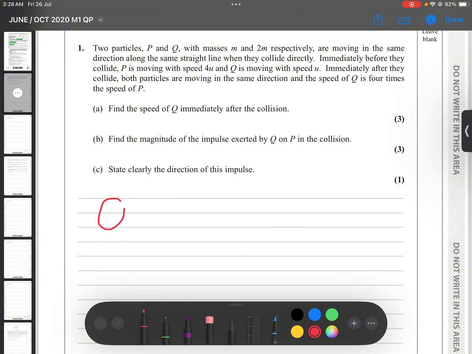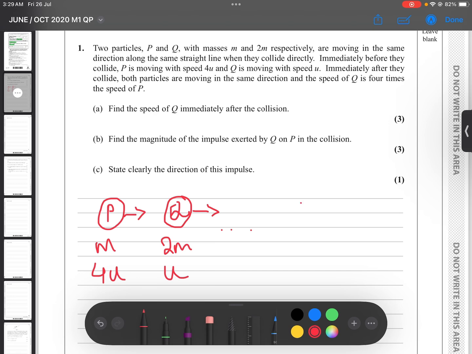So this is particle P, this is particle Q initially with masses m and 2m respectively. And they are moving in the same straight line in the same direction. So I'll consider this side. Immediately before the collision, P is moving with speed 4u, Q is moving with u.